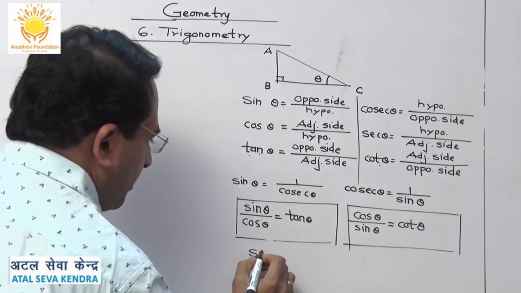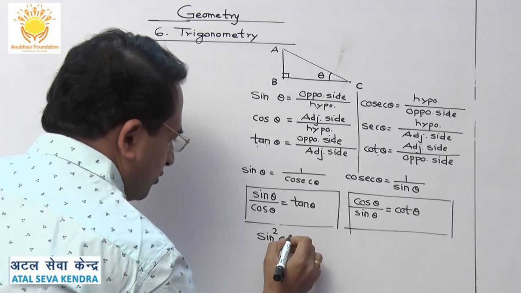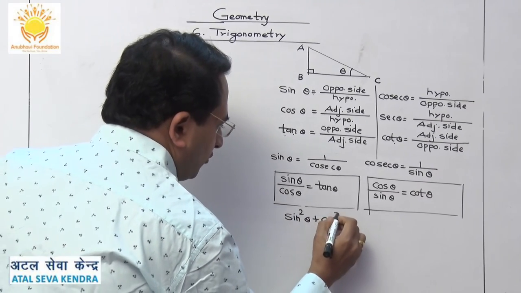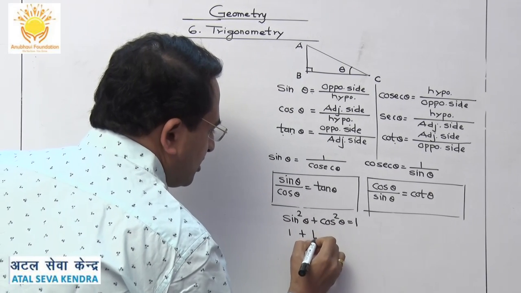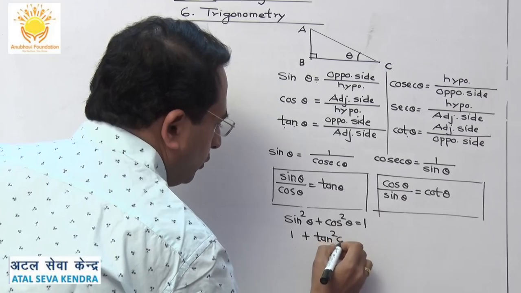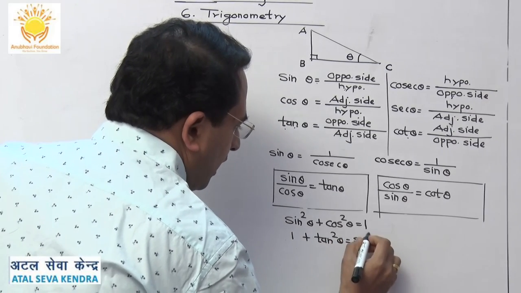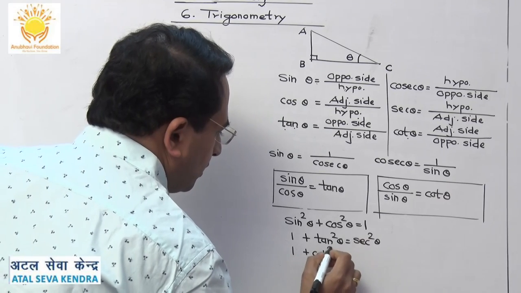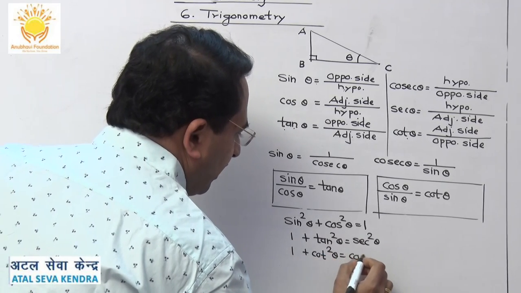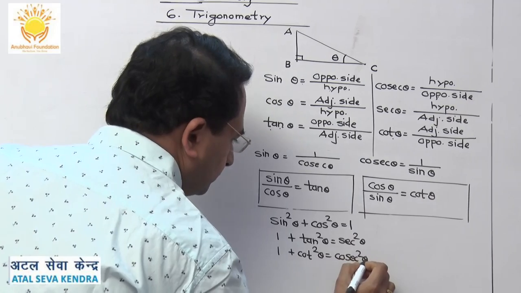Now this is more important. Sine square theta plus cos square theta is equal to 1. Then 1 plus tan square theta is equal to sec square theta, and the last one is 1 plus cot square theta is equal to cosec square theta.